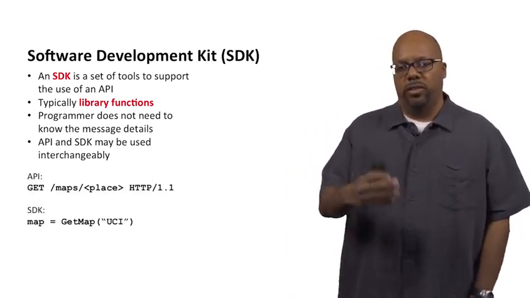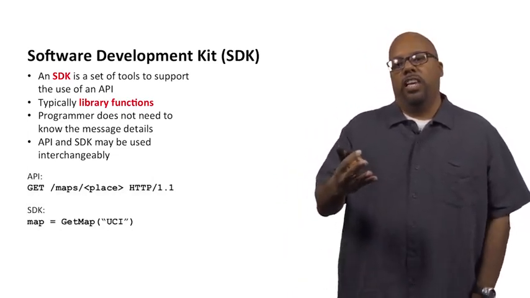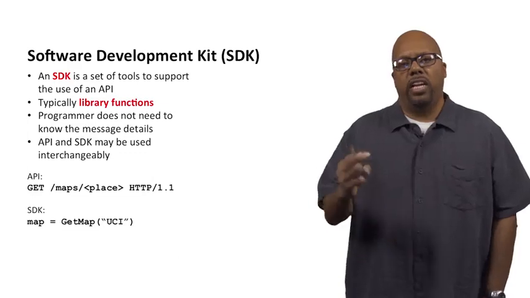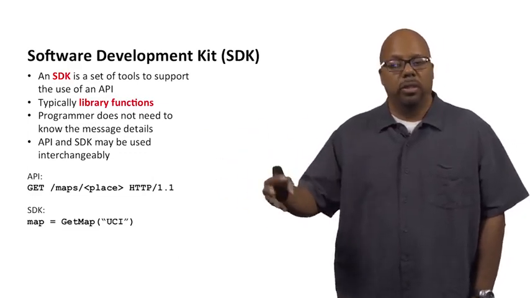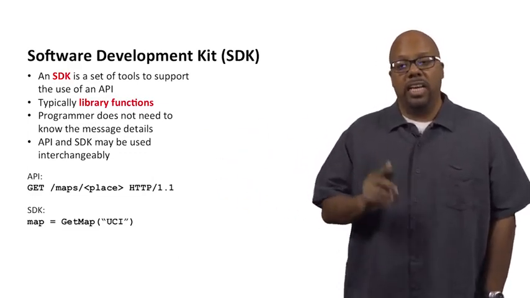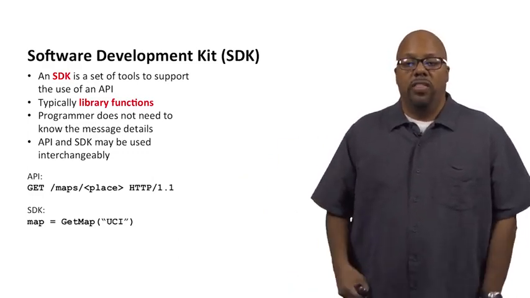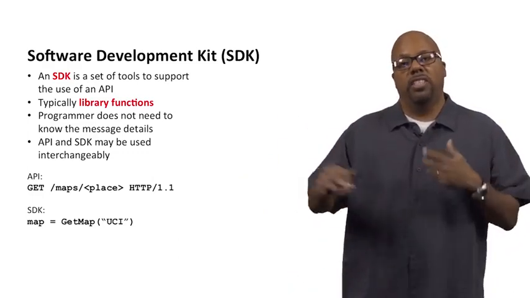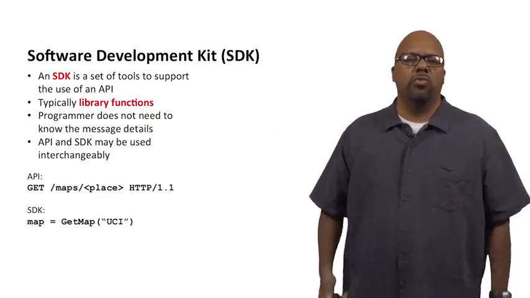So as an example, here's my example that I was walking through. The API says, look, here's the format of a get message to get a map from Google Maps, let's say. And the SDK instead provides you with this get map function that takes care of it and formats the message and sends it for you. Something like that. So that's roughly the relationship.